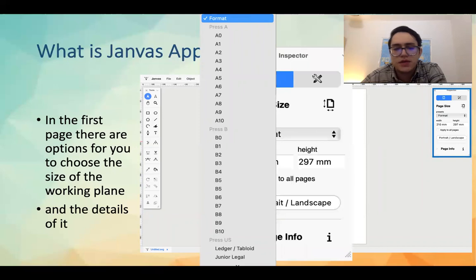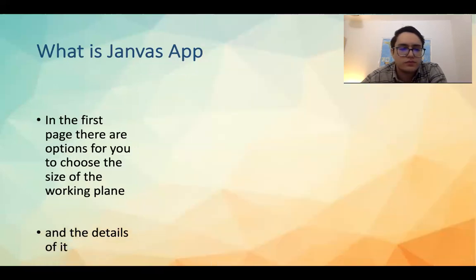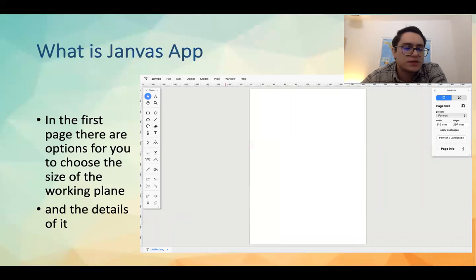Next, you can also come to the next is that in the first page, there are options for you to choose the size of the working plane and the details of it.